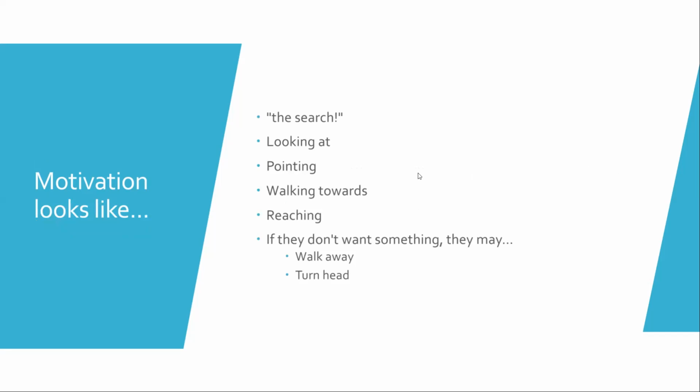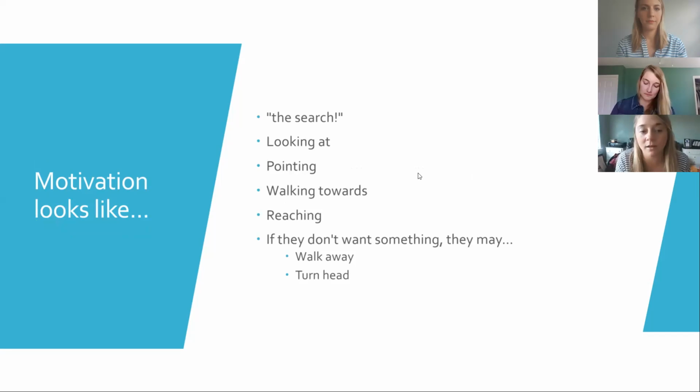What that's going to look like will be different depending on your child. For some, we call it the search. When you see the search, whether it's looking for something, pointing at something, walking towards something, reaching, starting to communicate, maybe engaging in problem behavior, maybe they're pushing somebody or something away, maybe they're turning their head.